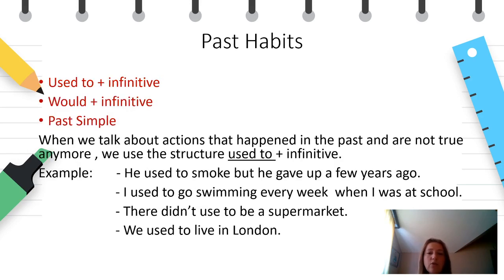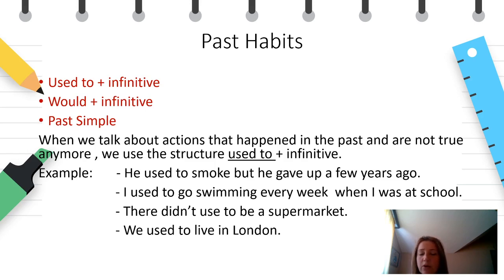That was all for present habits and the structures we use for habits in the present. Now let's move on with the past habits. For the past habits, we use three structures: used to plus infinitive, would plus infinitive, and past simple.